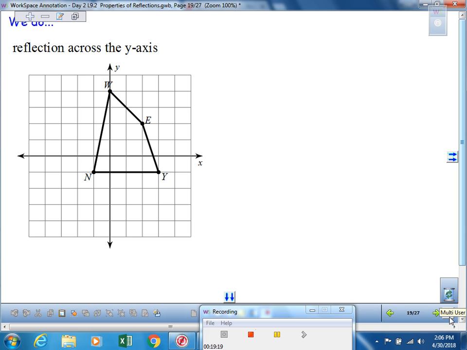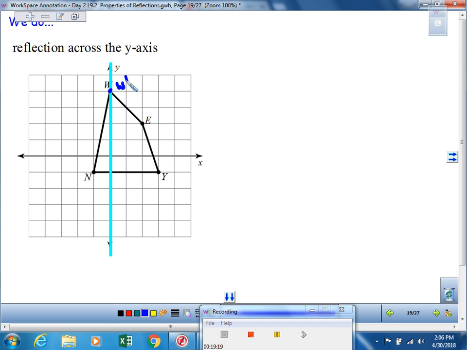Okay, let's look at this one. Write this rule above. So we are going to highlight the Y. So this one is on the line, so you just label it W prime.